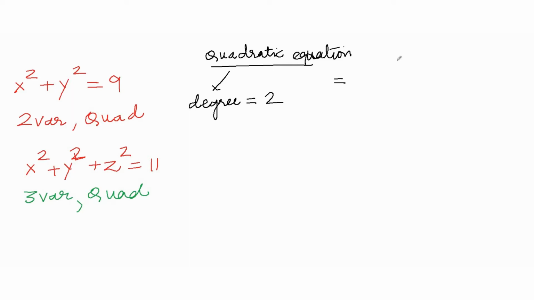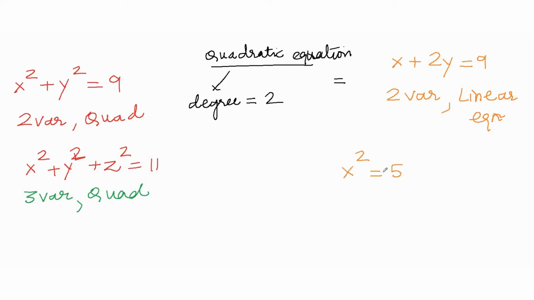Whereas take a look at this equation, say x plus 2y is equal to 9. Over here you will again notice that there are two variables, which are x and y. However, the power of x and y is 1, which means that this is actually a linear equation and not a quadratic equation, right?